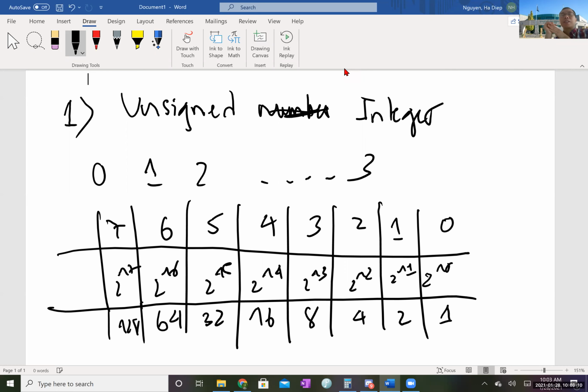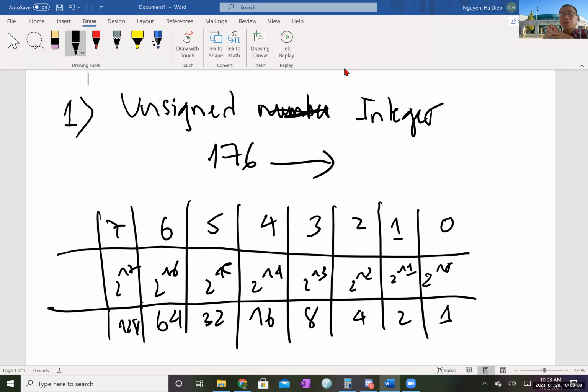Okay, so the unsigned integer is everything non-negative and whole. Think about if you want to convert the number 176 to an unsigned integer, you just convert it normally.